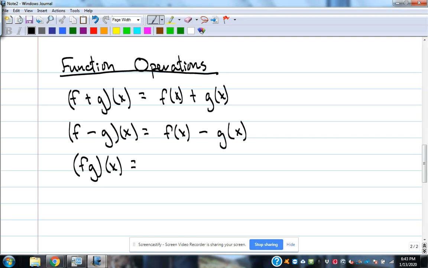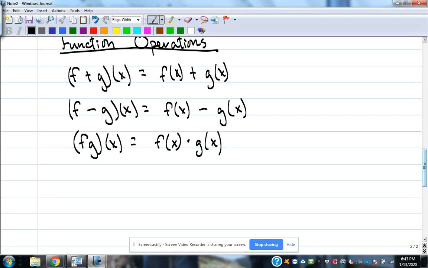When they're written like that, that means multiplication. So you're just taking the f of x function times the g of x function. You're just multiplying it out. It's usually going to involve some distributive property or some FOIL method or something like that. So multiplying, and then the last notation there is the division.